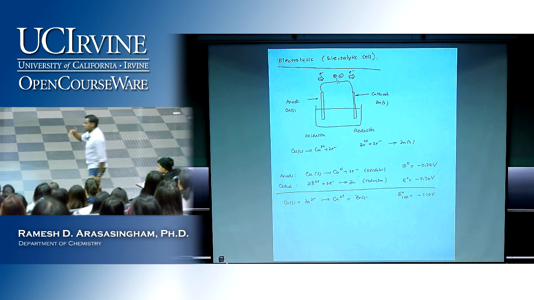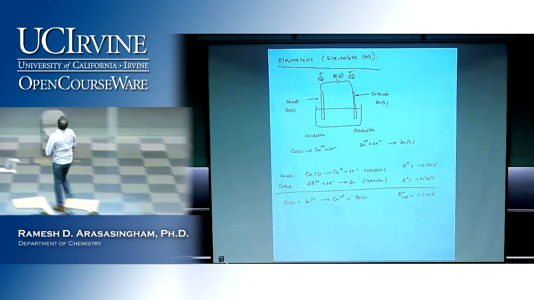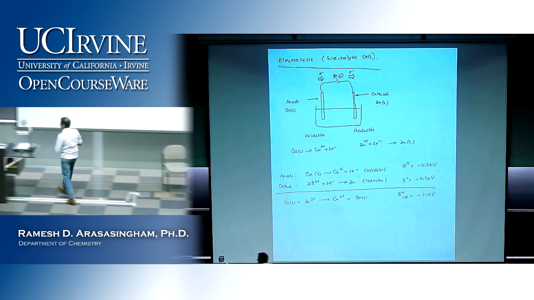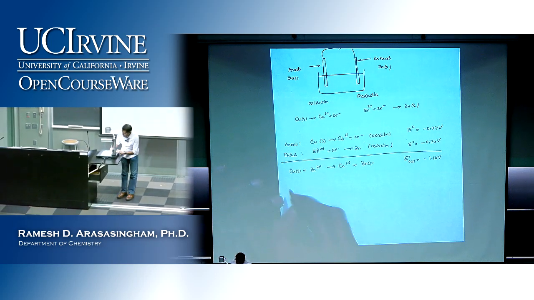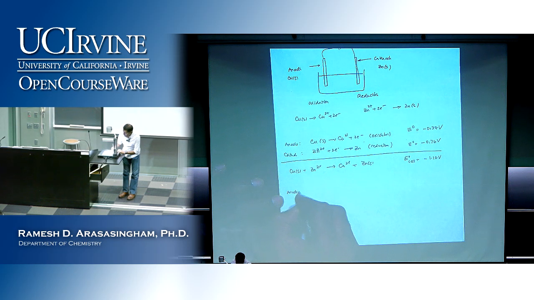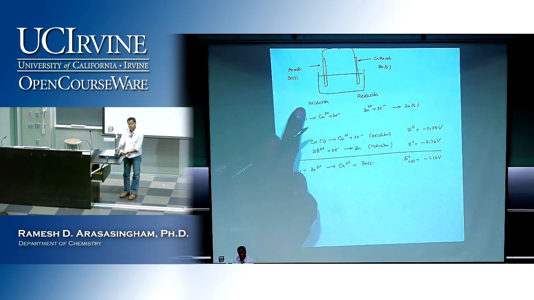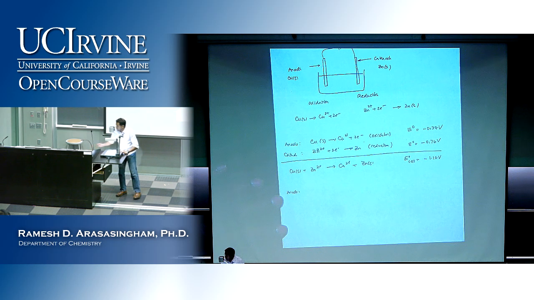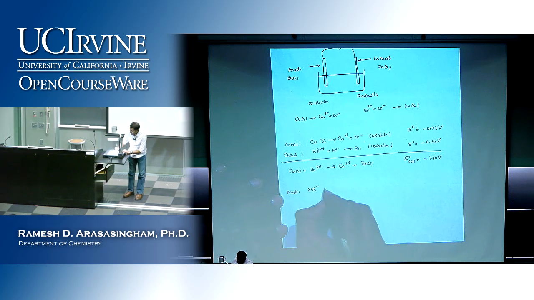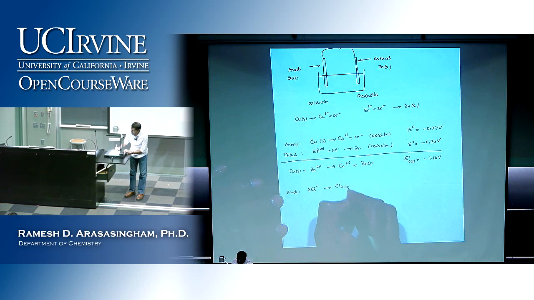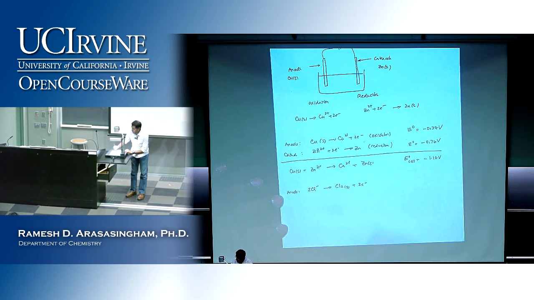All right, so let's take another example. Let's say that we have an electrolytic cell, and in this electrolytic cell, the anode is where the oxidation takes place, and you can have 2 Cl minus giving you Cl2 gas plus 2 electrons.